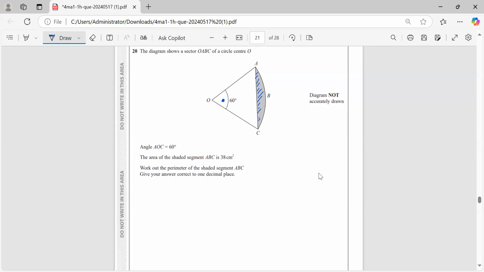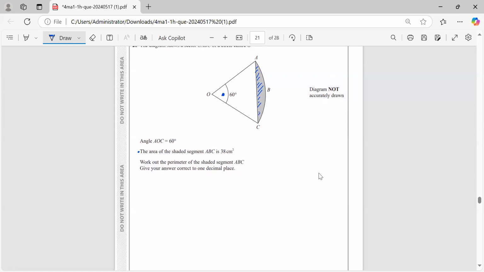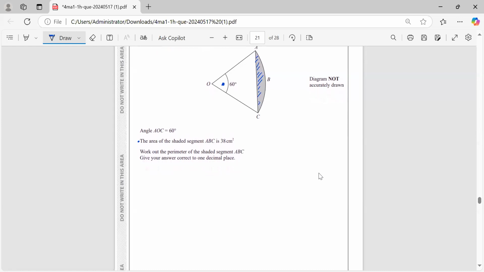All right, so from the statement they gave us, the area of the shaded segment ABC is 38 square centimeters. If you want to find the area of this shaded part, this is what they did.